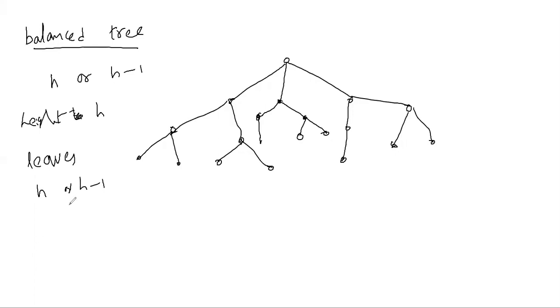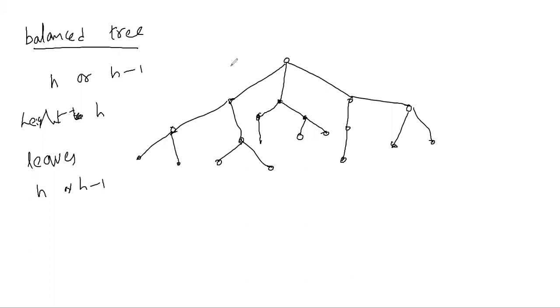Leaves means nodes which don't have children. Then that is called a balanced tree. If the tree height is h and all the leaves are at height h or h minus 1, then that tree is called a balanced tree.